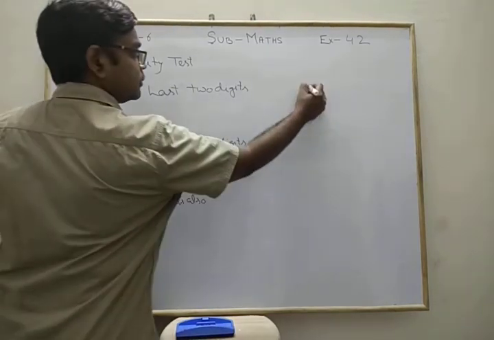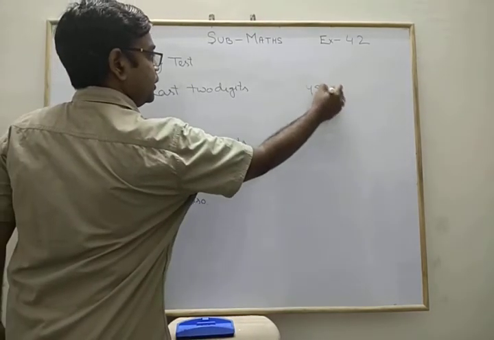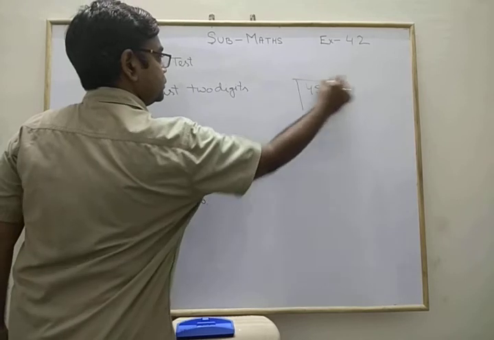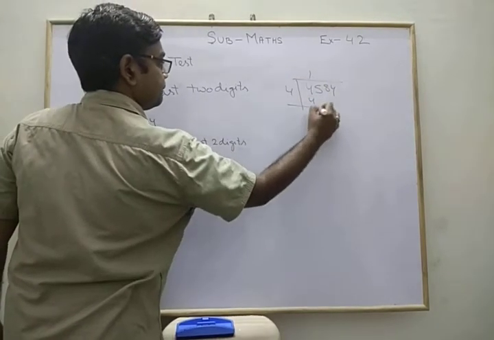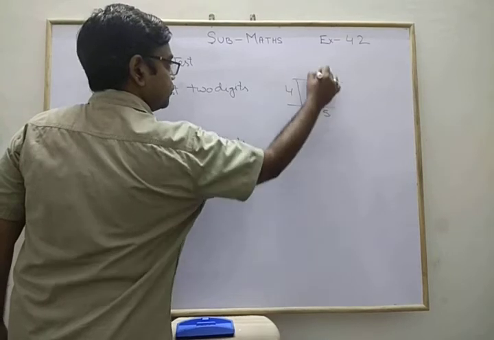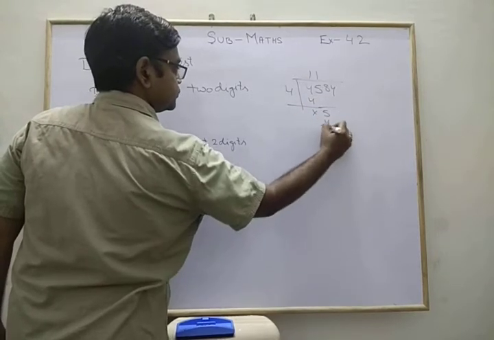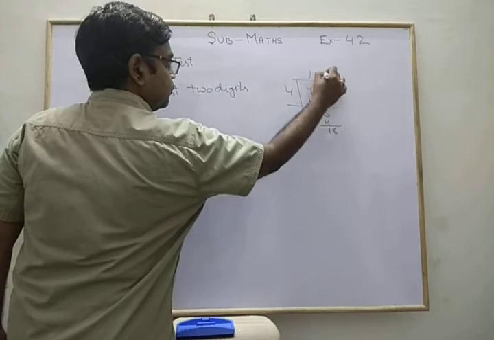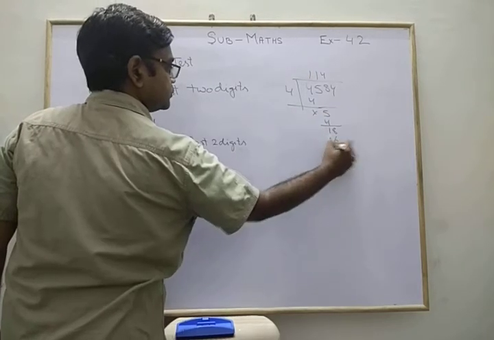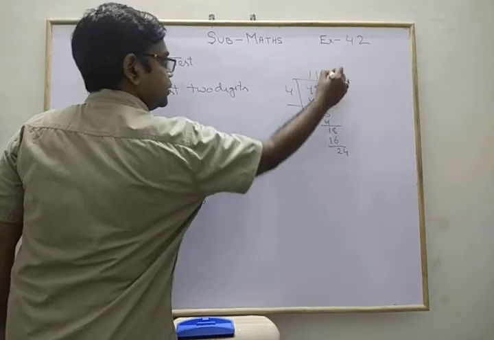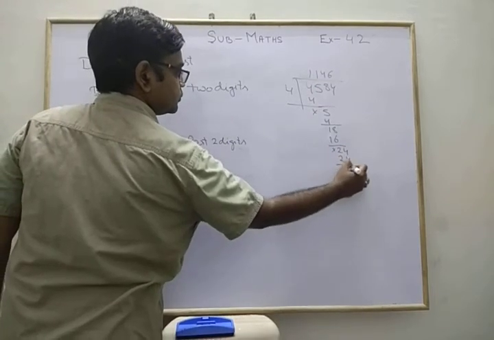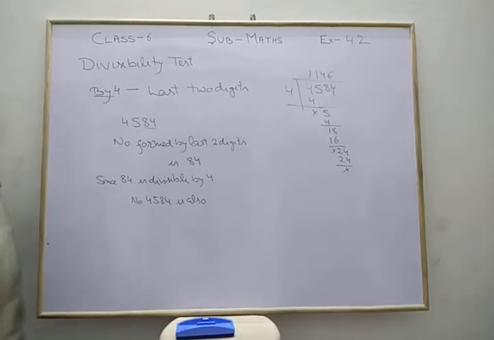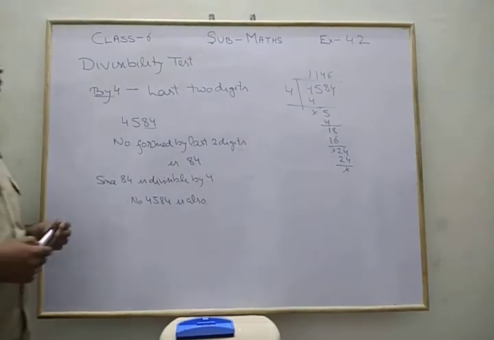Check 4, 5, 8, 4. I am going to divide this. 4 1 is 4, then 5; 4 1 is 4, then 4 4 is 16, and then 4 6 is 24. This means it is verified.